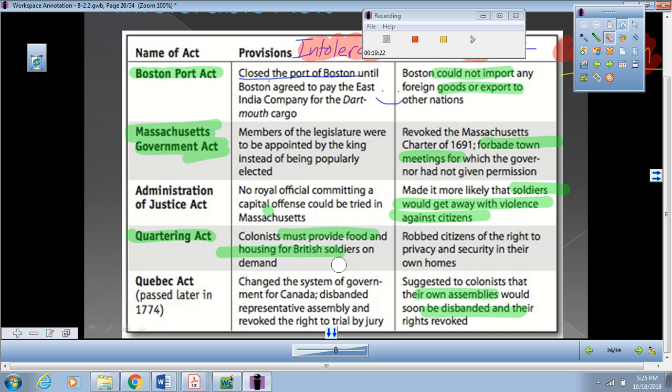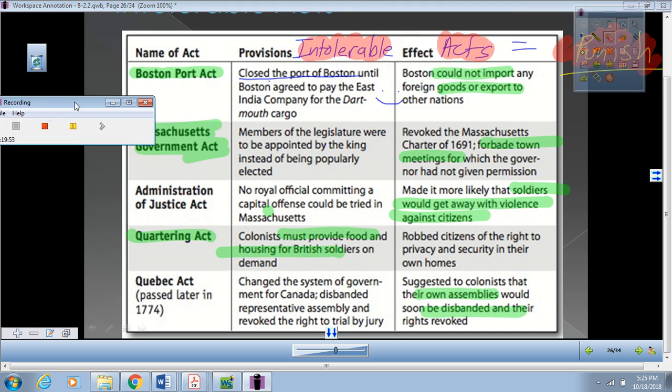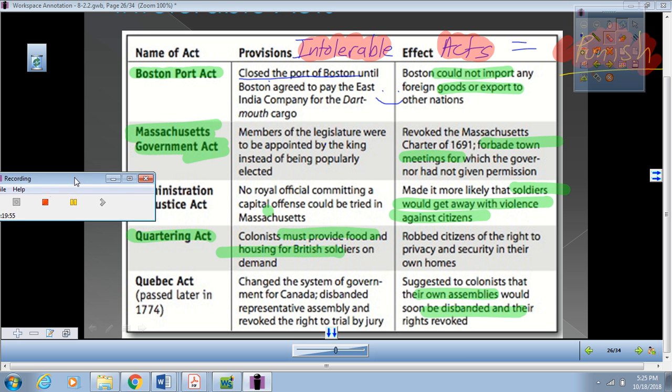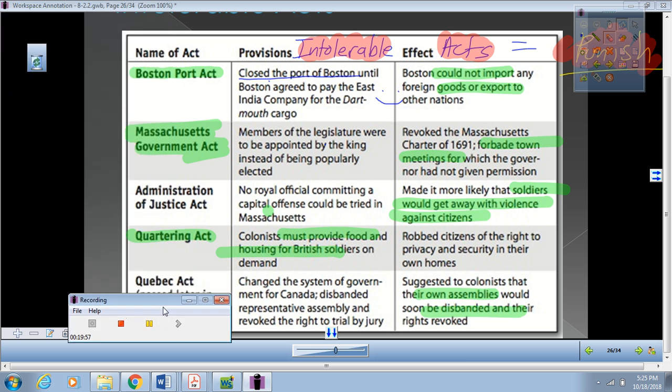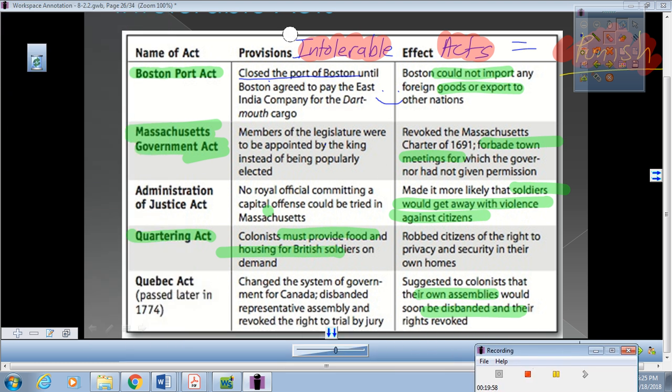This, of course, was very hard for the colonists to take. Also, the Quebec Act. But the important thing, the effect of the Boston Tea Party, was the passage of these Intolerable Acts to punish the colonists.